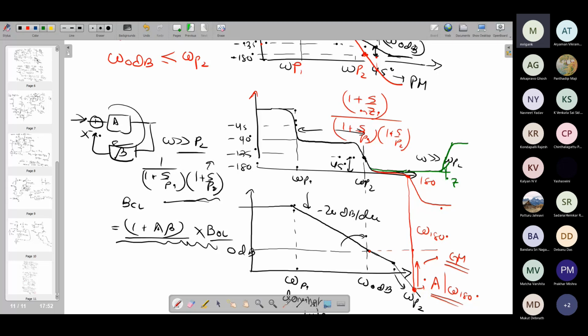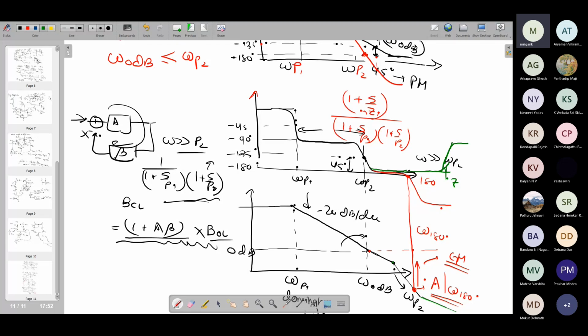And because of this zero term, you are getting increasing gain as well. So after this particular zero, the slope of the gain magnitude plot will reduce. The overall gain is still dropping, only with a lower slope, whereas the phase has gone positive. So in this case, it will not be creating trouble.